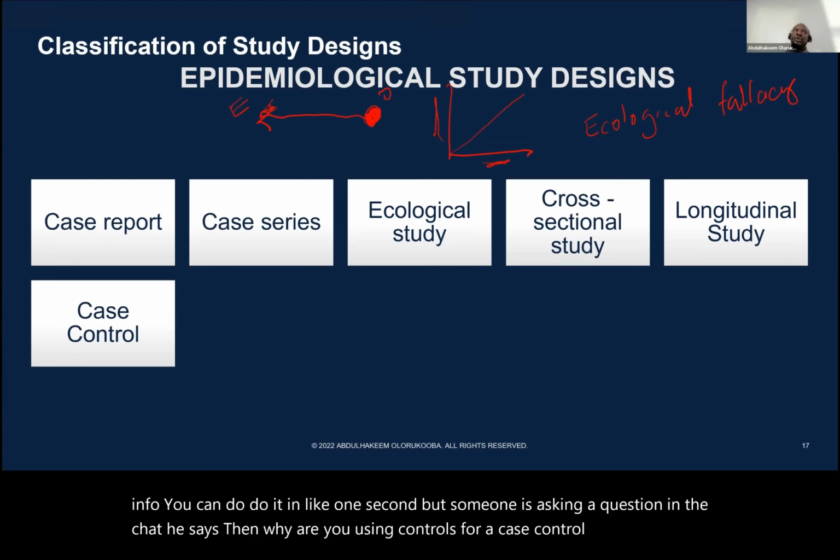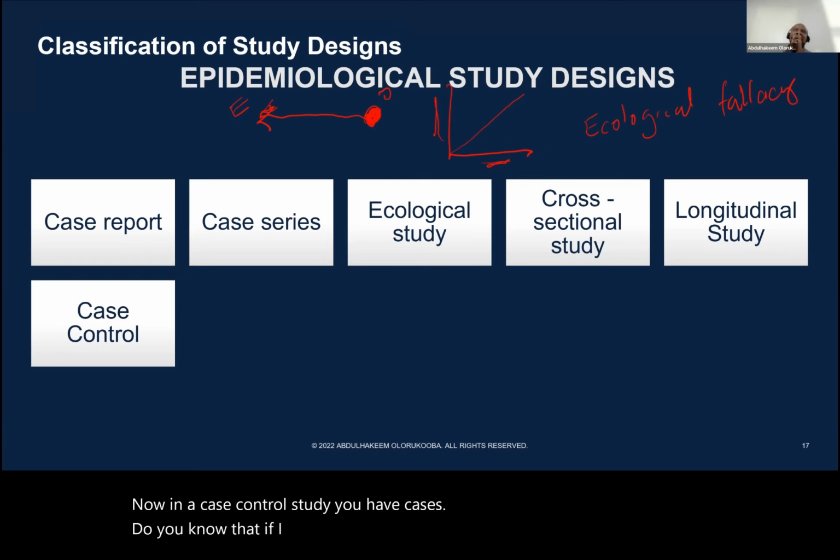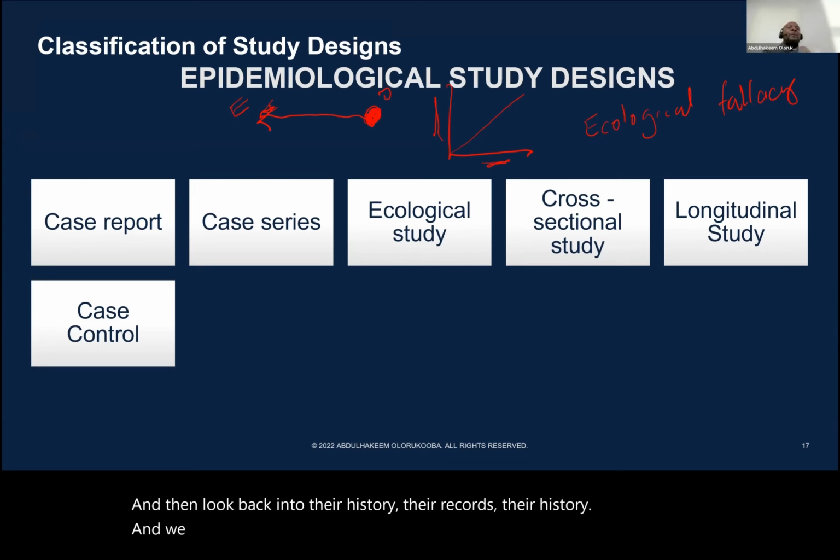Now, in a case control study, you have cases, all right? Do you know that if we decided to just look at everybody that has lung cancer and then look back into their records, their history, and we see what percentage of them were smoking?